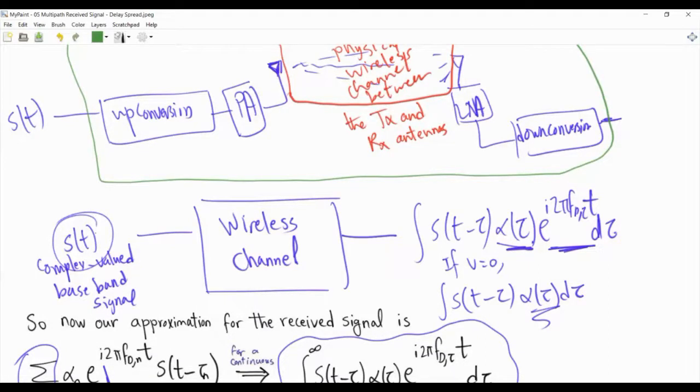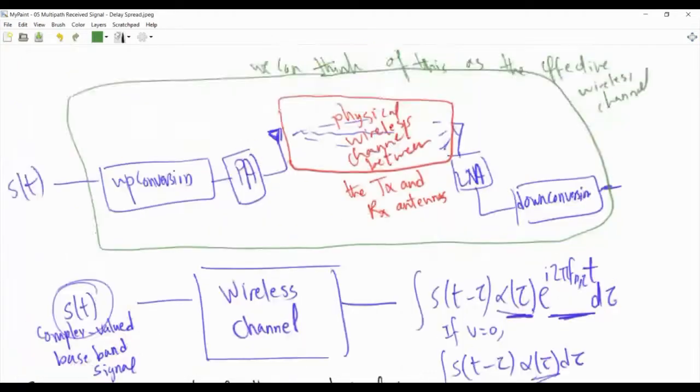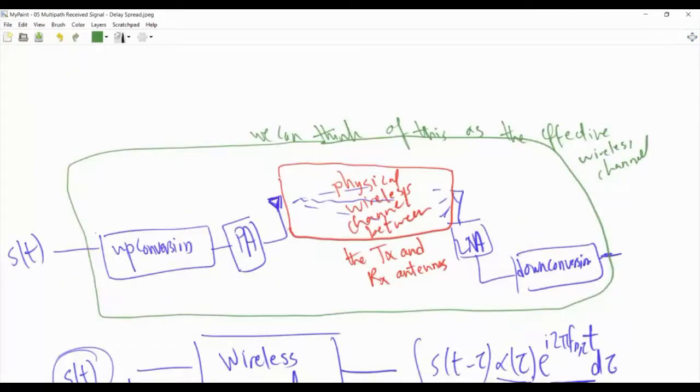Your very first equation was to take S of t multiplied by e to the i 2 pi f carrier t, and then take the real part, which is the process of up conversion. No problem. It is true that by channel, it's not always the case. I am referring to the physical channel, the physical medium between the two antennas. Sometimes we take parts of the transmitter, parts of the receiver, and those are part of the channel.